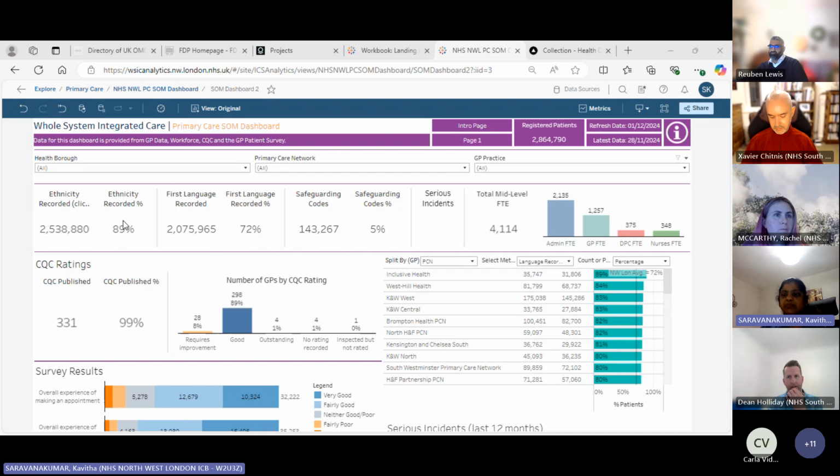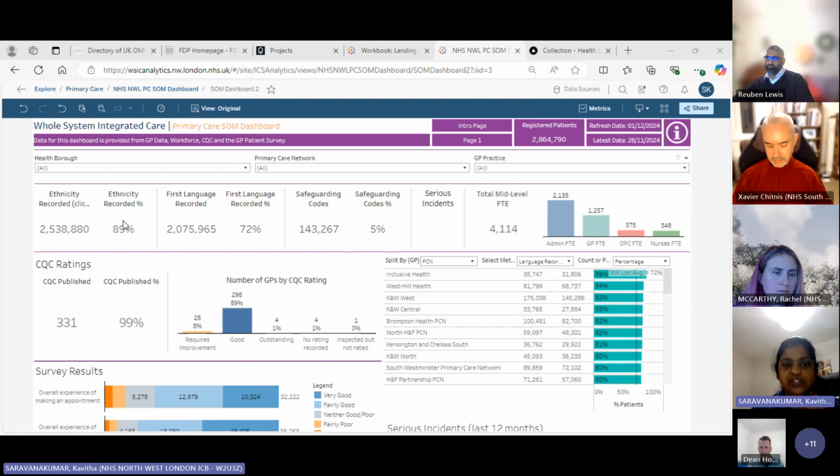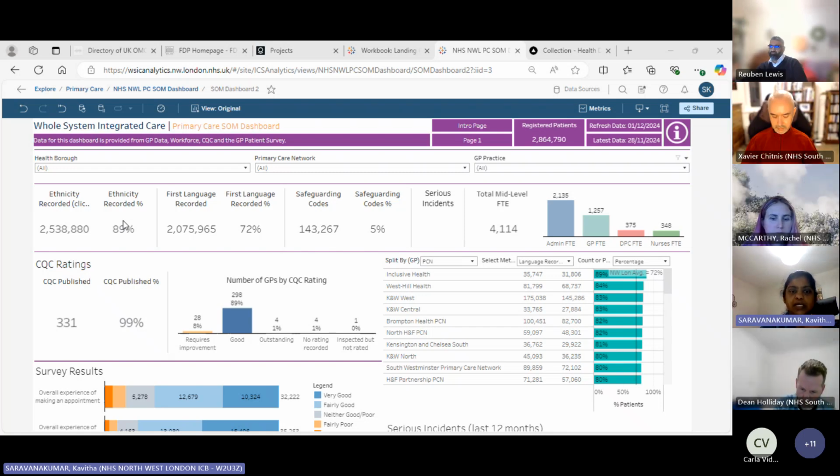So the main purpose of choosing these 6 dashboards was, first, we will have the data for these 6 dashboards from LDS. The second criteria is that there's a range of use cases. Some are used for performance and quality monitoring, some for direct care, and some for risk identification.